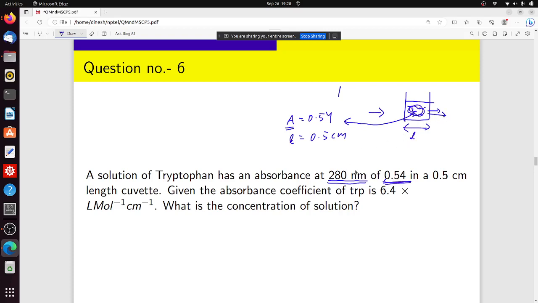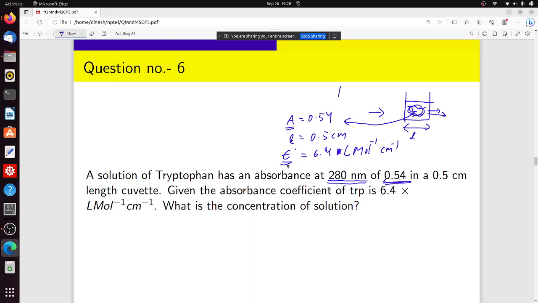And the absorbance coefficient, epsilon, is given as 6.4. Maybe I made some mistake, I didn't write the unit. Let's take it to be 6.4 liter mole inverse centimeter inverse.